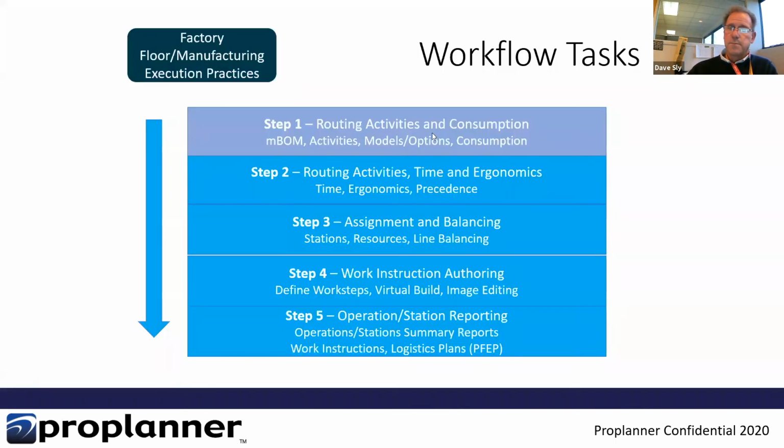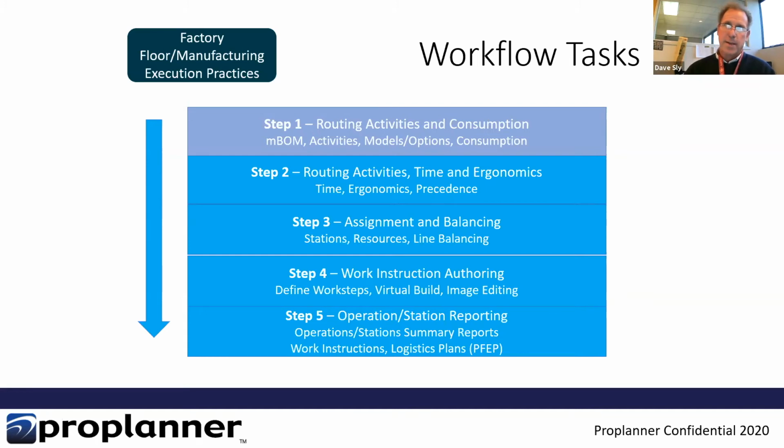And this is where we get into this concept of not only authoring the routing, but consuming the MBOM from the routing. Notice I say not consuming the routing from the MBOM, because the routing is its own process tree structure.